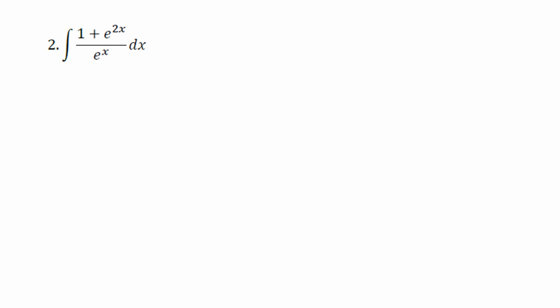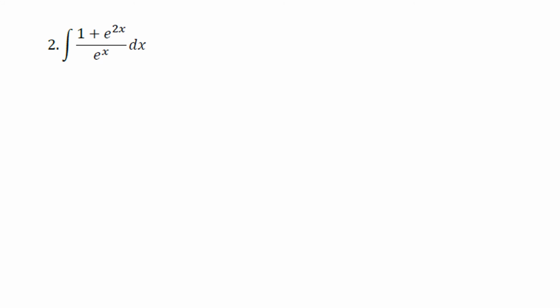We could see that the degree of the numerator is greater than the degree of the denominator. Hence, we need to divide the numerator by the denominator first. When dividing a polynomial by a monomial, we divide each term of the polynomial in the numerator by the monomial in the denominator as introduced in algebra.